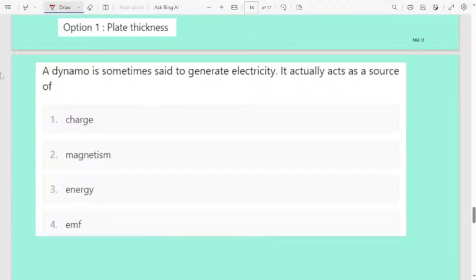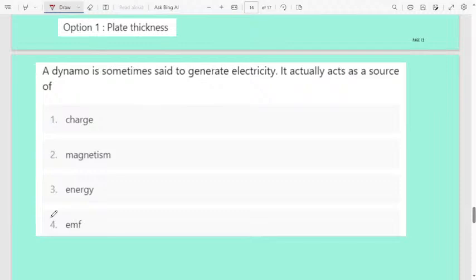A dynamo is sometimes said to generate electricity. It actually acts as a source of: first option charge, second option magnetism, third option energy, fourth option EMF. What is the use of the dynamo?